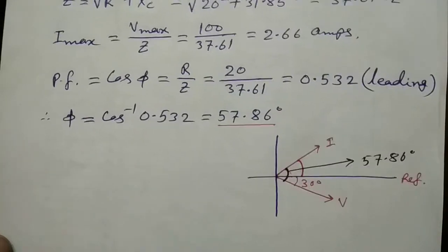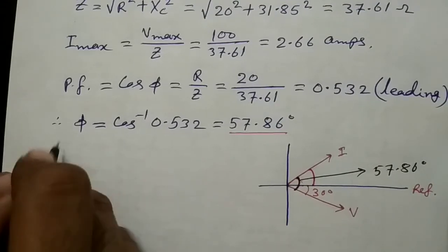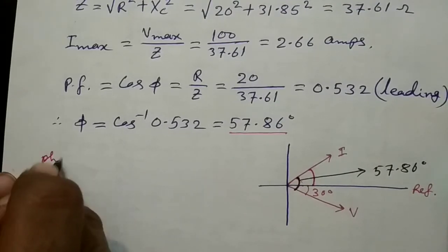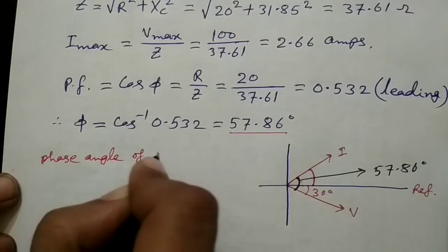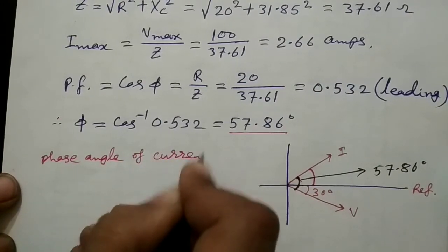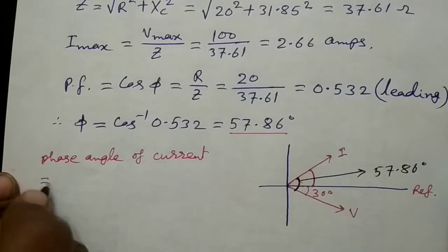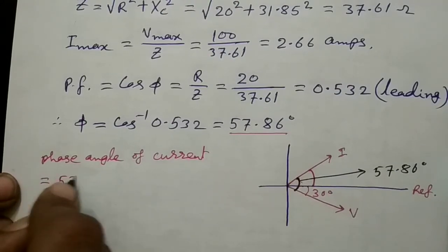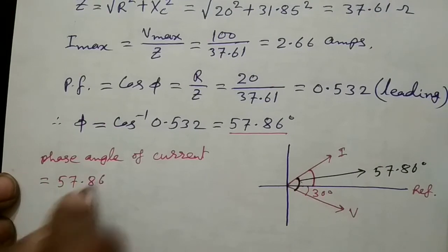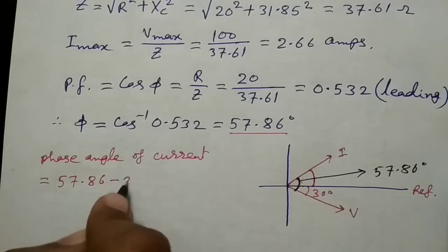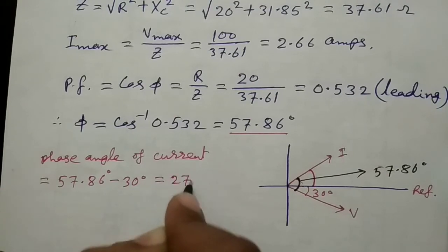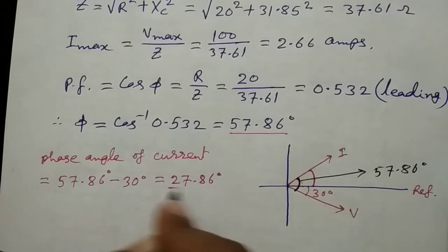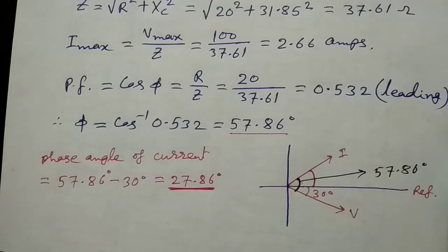Therefore, the phase angle of the current will be 57.86 minus 30. So it will be 27.86 degree. That is the phase angle of the current.